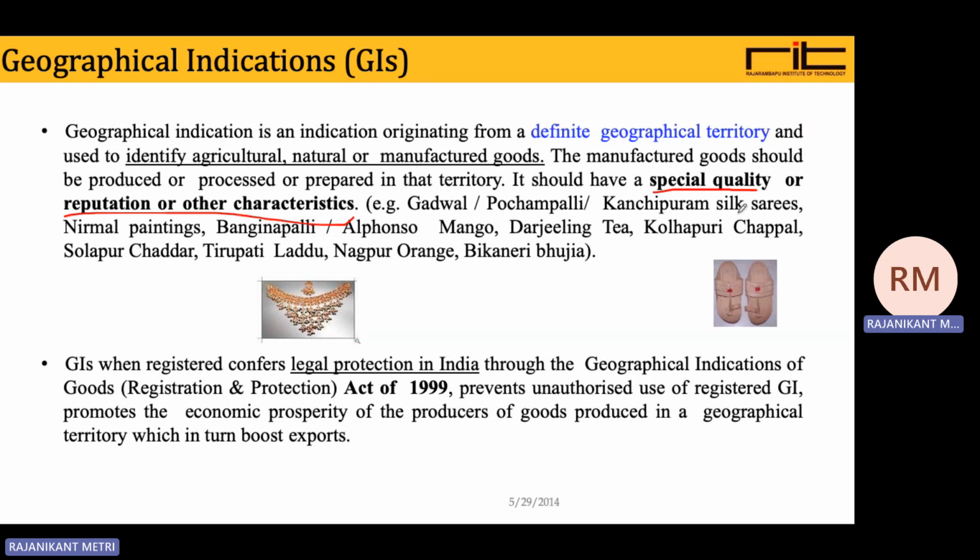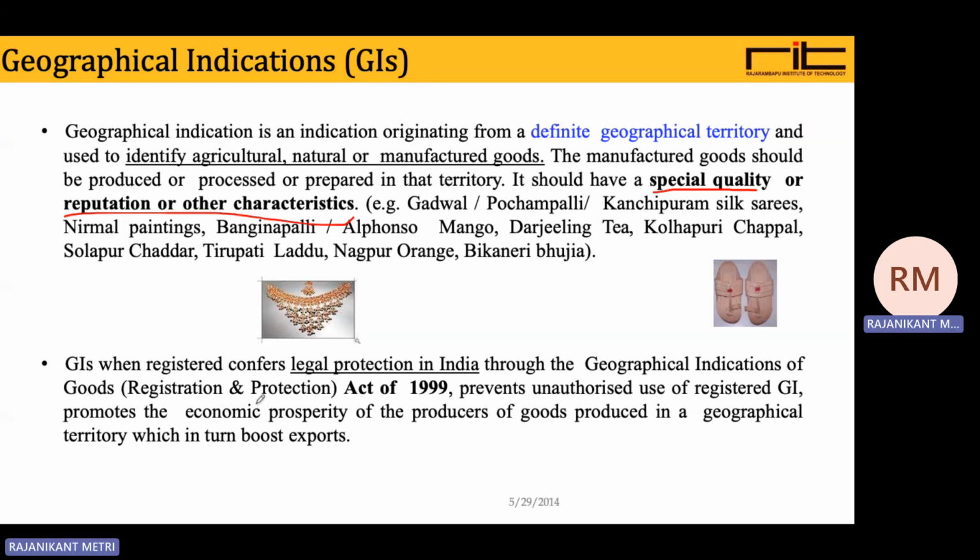So all these fall under geographical indications, GIs. These are registered to confer legal protection in India through the Geographical Indications of Goods (Registration and Protection) Act of 1999.